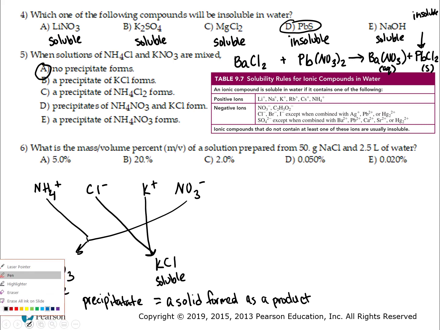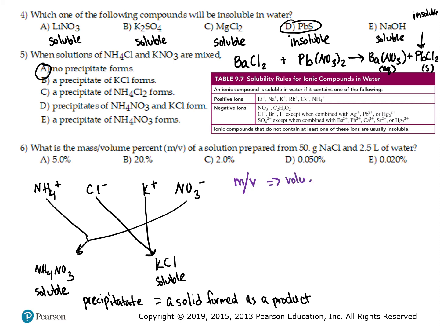And this last one I will do in a different color. What is the mass by volume percent of a solution prepared from 50 grams of sodium chloride and 2.5 liters of water? The trick here is to know that for mass by volume percent, your volume needs to be in milliliters.